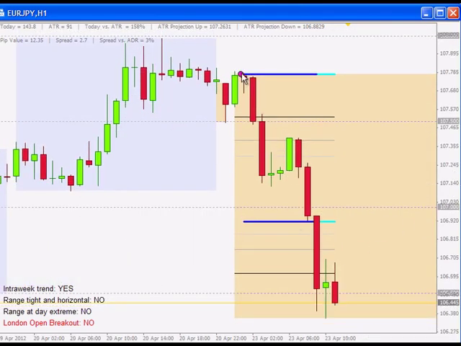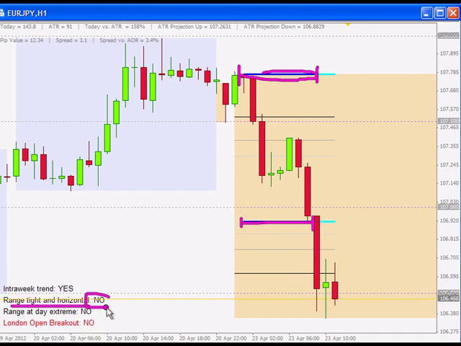This is the beginning of the Tokyo range, this is the end of the Tokyo range, and that's the upper boundary, and this is the lower boundary. So is that tight and horizontal? Well, certainly it is not, and no wonder the indicator is printing a no there. The Tokyo range is certainly not tight, and price has not been moving horizontally through the Tokyo session.